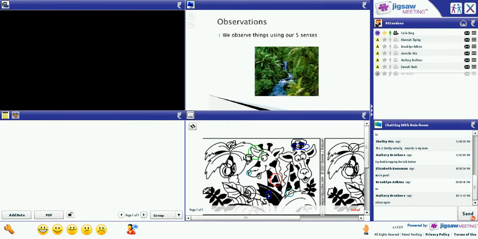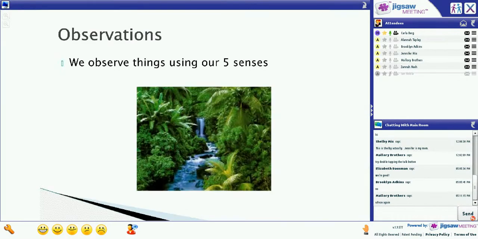Now, I made a little PowerPoint here. We already talked about a few of them, so we'll just skim right through this. On your screen, on the top right, you should see something that says observations. We observe things using our 5 senses, and then I put a picture up here. Now, you can make this screen larger as well by clicking that up arrow that's in the purple toolbar.